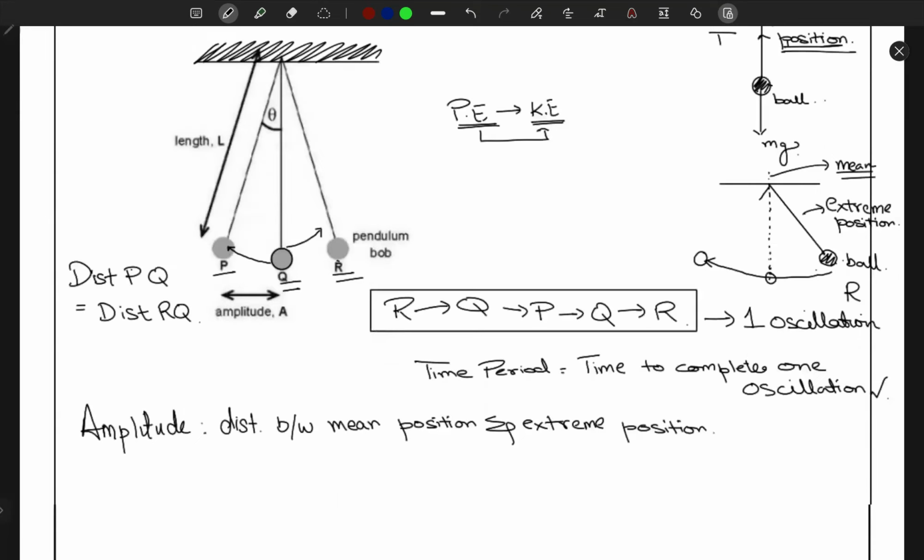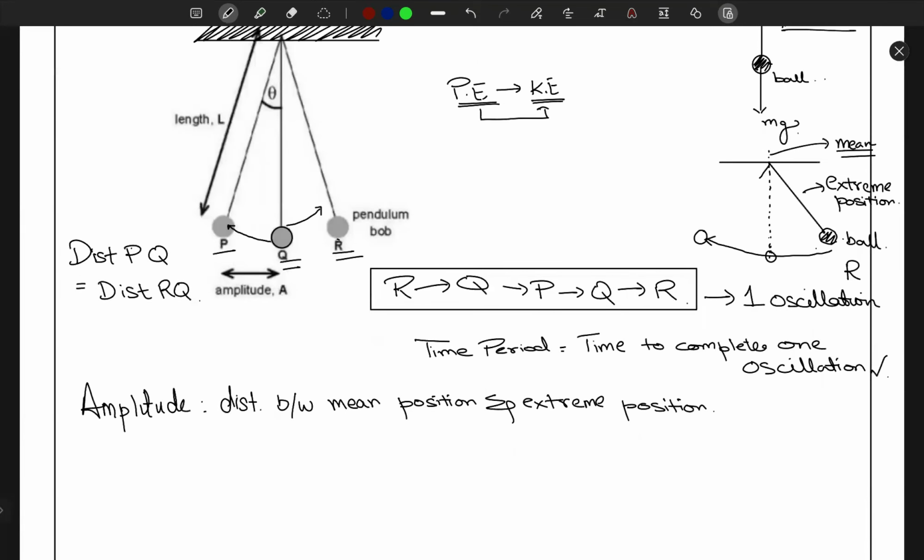Now, in nature, the time period is independent of the mass, but it is dependent on the length of the string and the acceleration due to gravity.